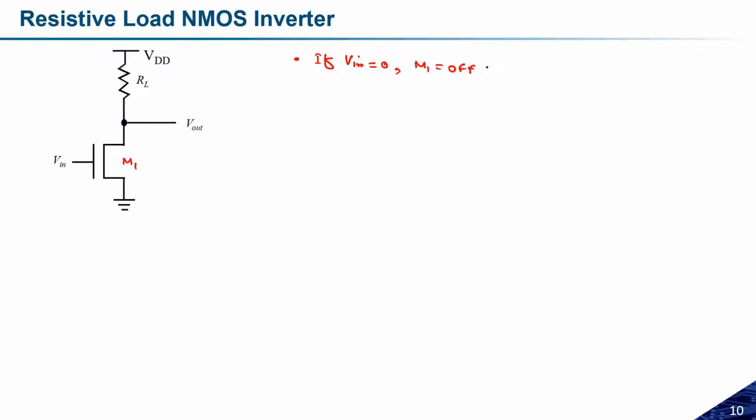If M1 is in the off state, the equivalent circuit will look like this, and here we have the RL. The output we get depends on the value of this resistance.